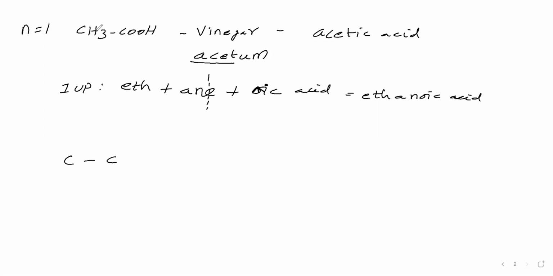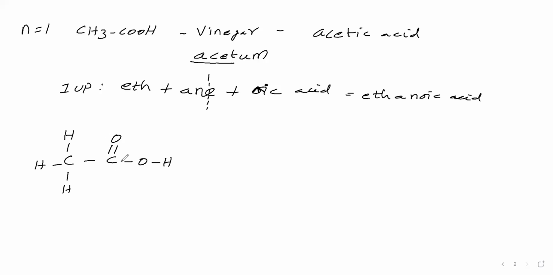This carbon has 3 hydrogen atoms: 1st hydrogen, 2nd hydrogen, 3rd hydrogen. How to write the carboxylic acid? 1 carbon double bond O, like this. Then carbon single bond O, single bond H. Carboxylic acid we have to write in this way only.